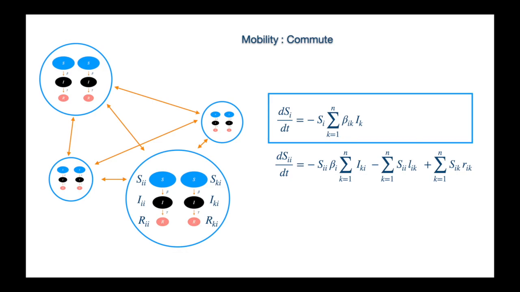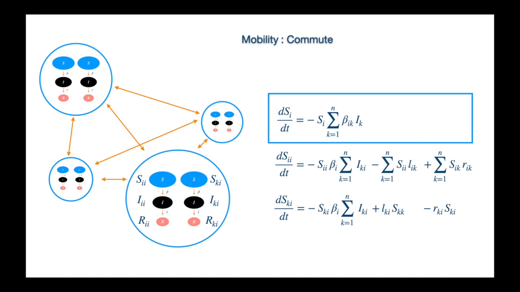Now the visitors to region I face the same force of infection, but the leavers and returns take a simple form because they can visit from or return only to their hometown, so we don't have summation. Also, people who leave their residential region K for I increase the population of such people in I, and people who return to K from I reduce the population of such people in I. So that's why the signs are reversed.